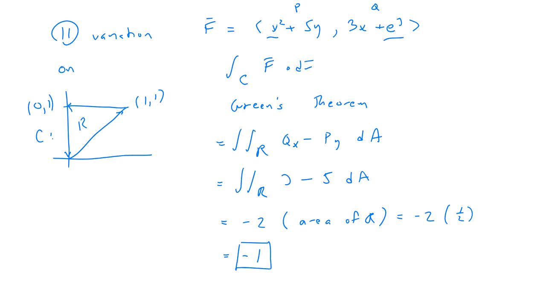Also, remember, if you have a fairly long one and so for example, C was just from the origin to 1, 1 to 0, 1, if the piece that's missing is fairly simple, it will sometimes make sense to close it so you can use Green's theorem.